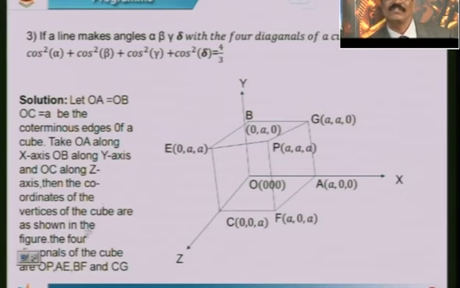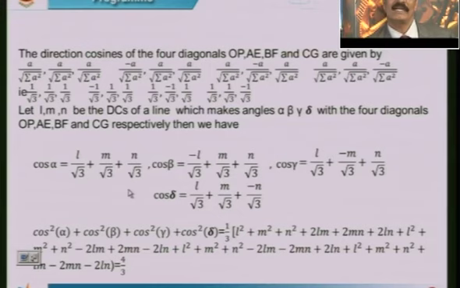For a square or a rectangle you will have only 2 diagonals. When you move to solid figures like a cube, you will have 4 diagonals. Now you have to calculate the direction cosines of these 4 diagonals.